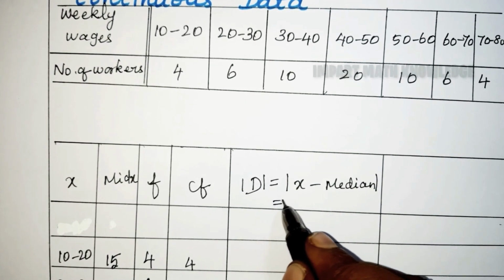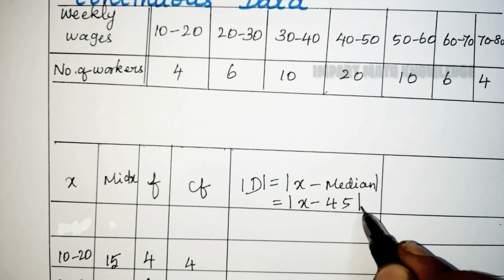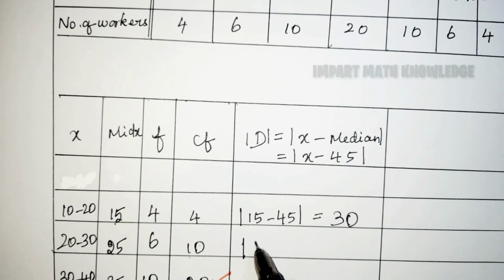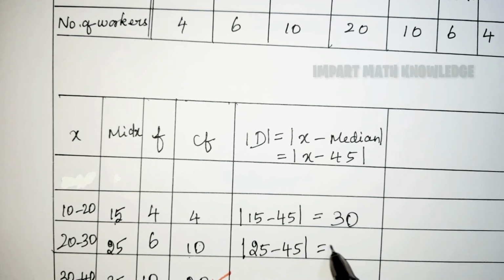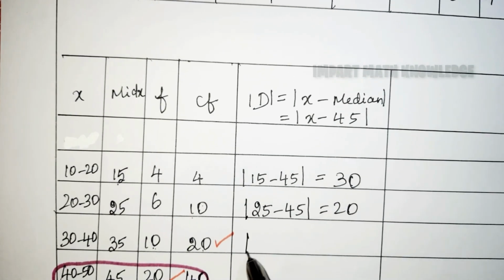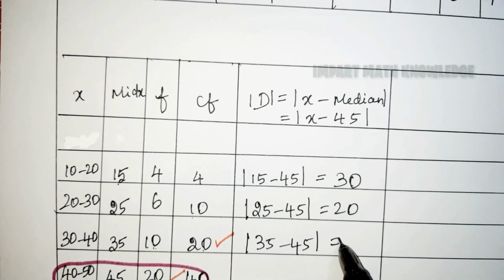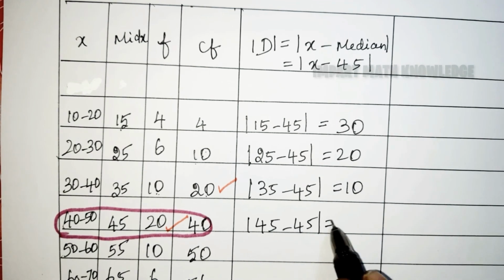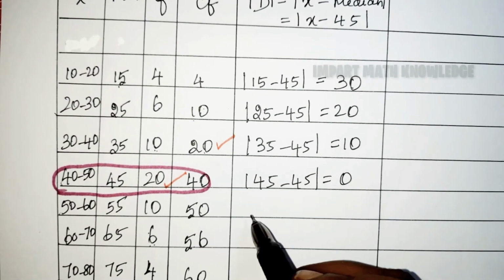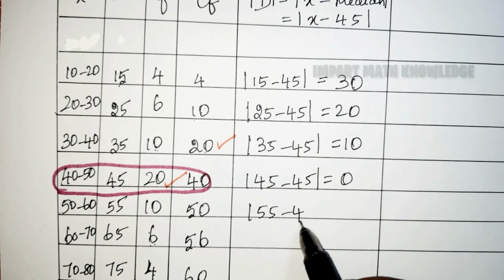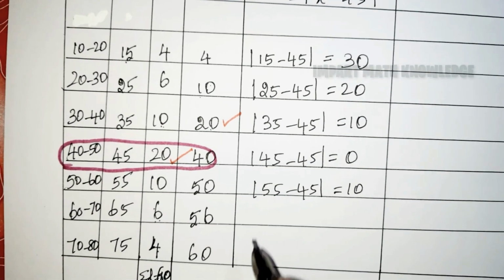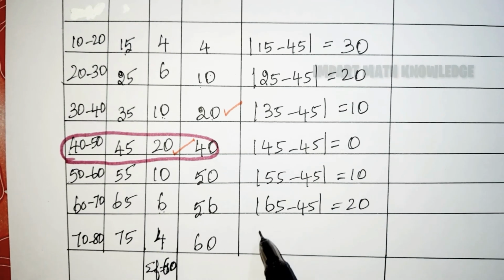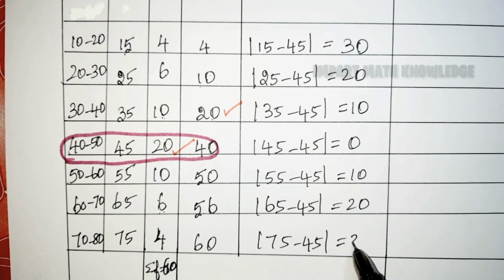Here the median is 45, that is x minus 45. 15 minus 45 is equal to 30. 25 minus 45 is equal to 20. 35 minus 45 is equal to 10. 45 minus 45 is equal to 0. 55 minus 45 is equal to 10. 65 minus 45 is equal to 20. 75 minus 45 is equal to 30.